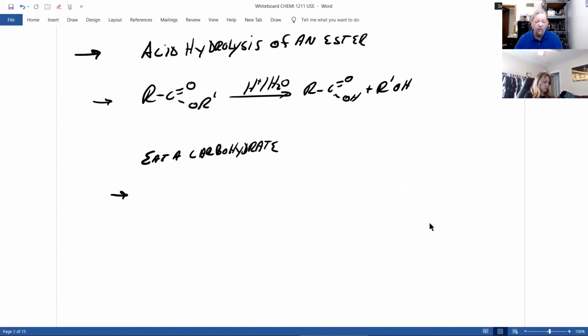Well, what's in your stomach? Acid. And what else? Water. So this is acid hydrolysis of, and in starch, what's the key functional group that you're breaking? An acetal.